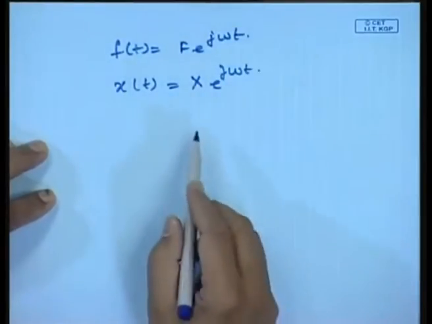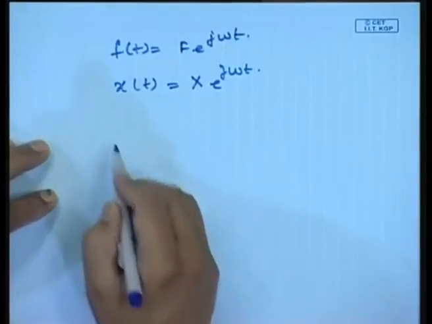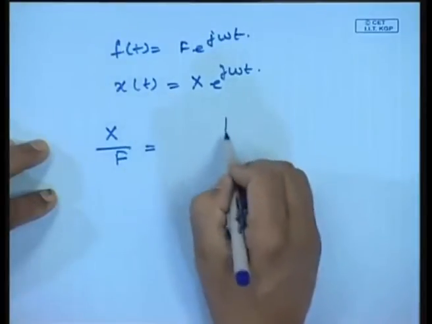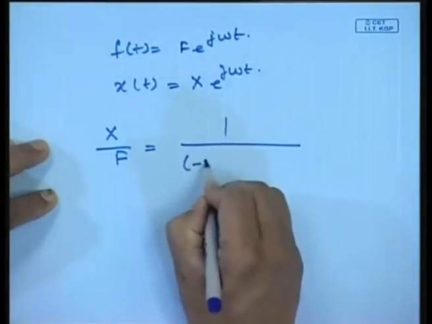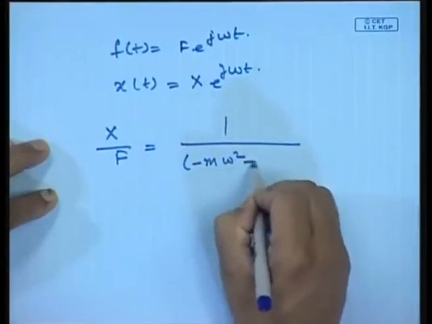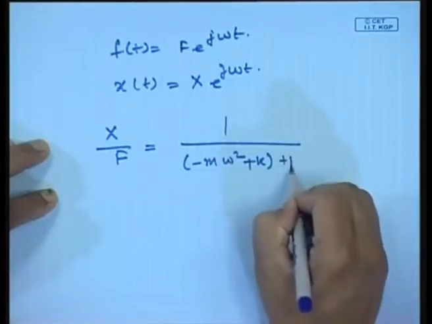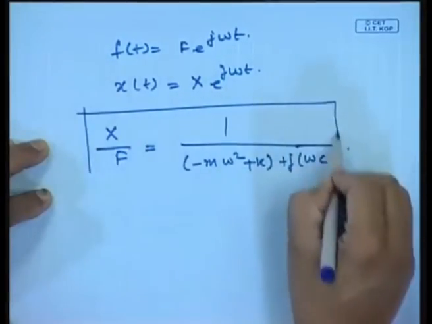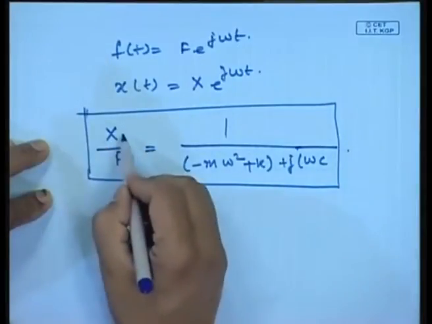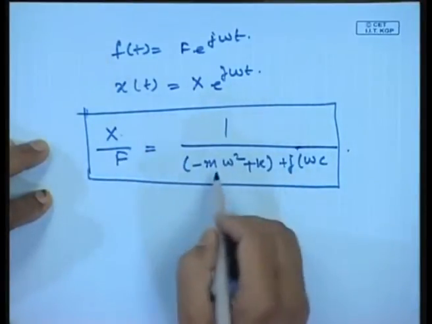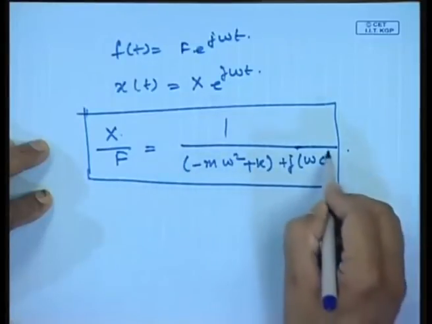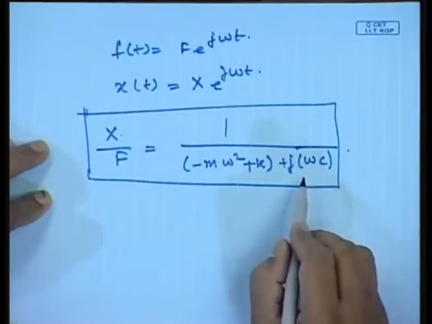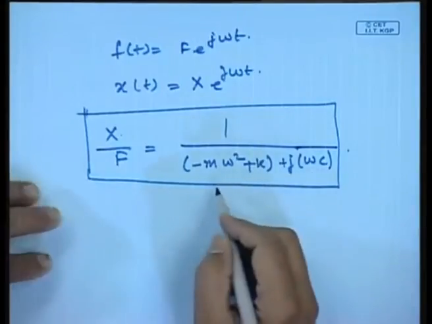So, by substituting such an equation in the equation of motion, I will have this form: X by F is equal to 1 by minus m omega square plus k plus j omega c. This is one form of the response to the force, where m, k and c are the system characteristics.